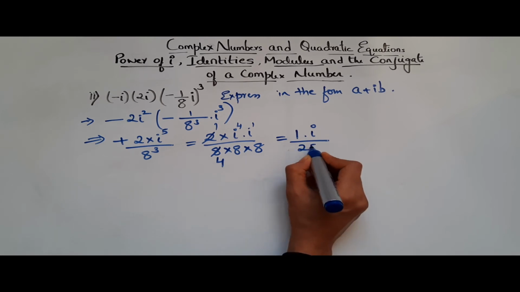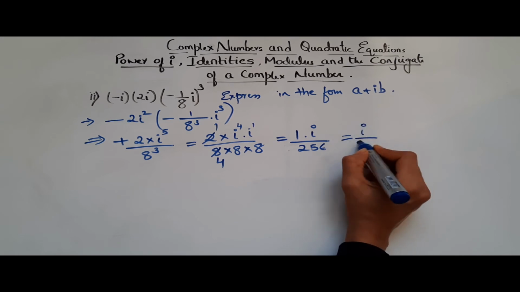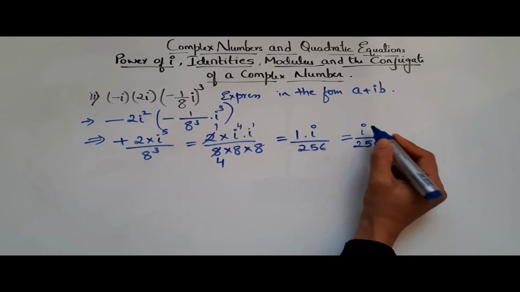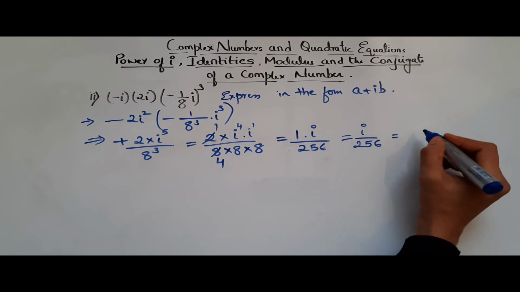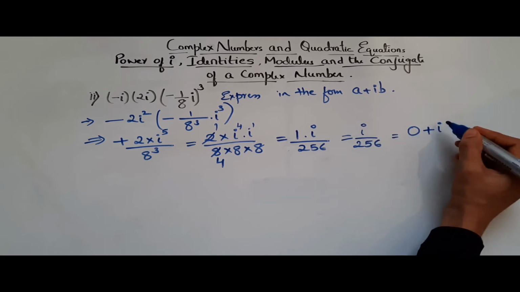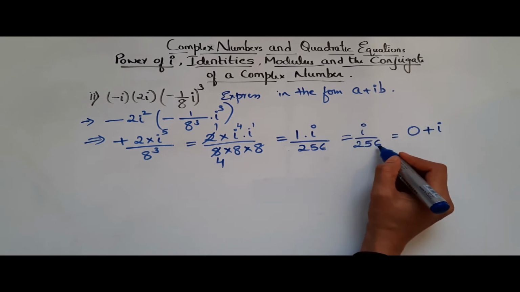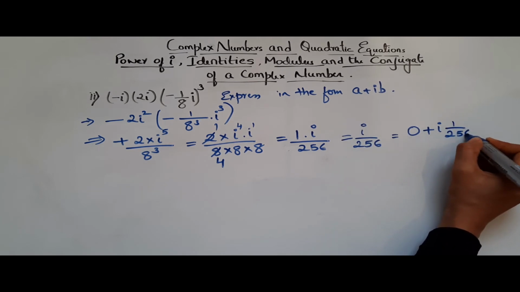So this is nothing but 1 into i, which is i by 256. Now you have to represent this in the form of a plus ib. What is a here? a is 0, that is the real part is 0. Plus i, we have i. What is b? b is 1 by 256, that is the imaginary part.